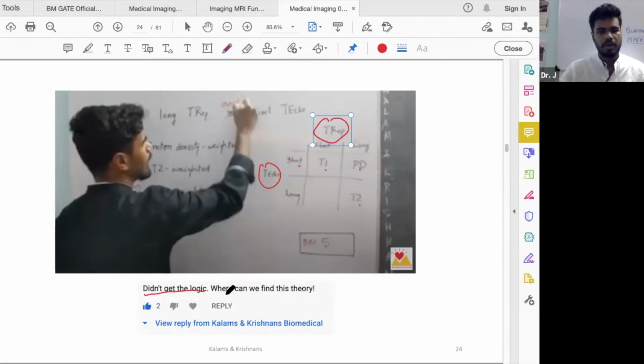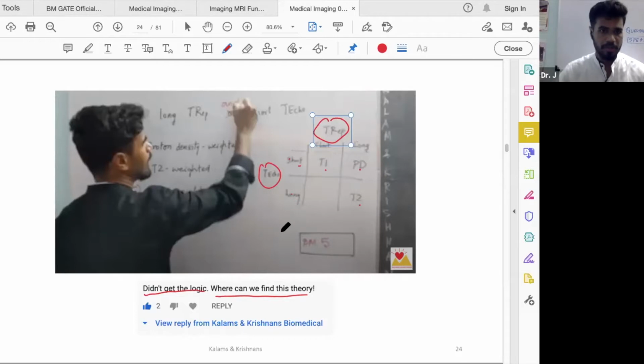Of course the student was also curious where we can find this theory. I had already given pointers on the references, Bushberg. But as some of you mentioned, it takes a lot of time to dig through that material, specifically in magnetic resonance imaging.